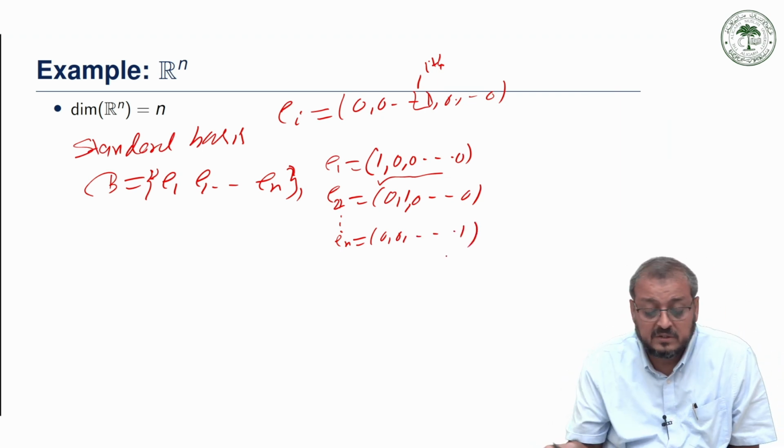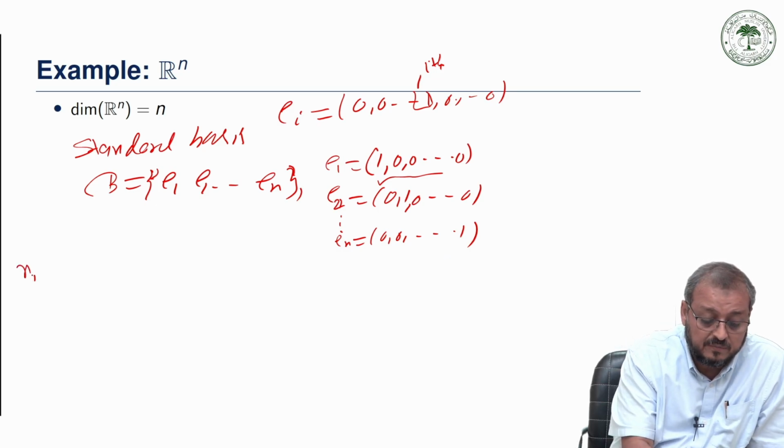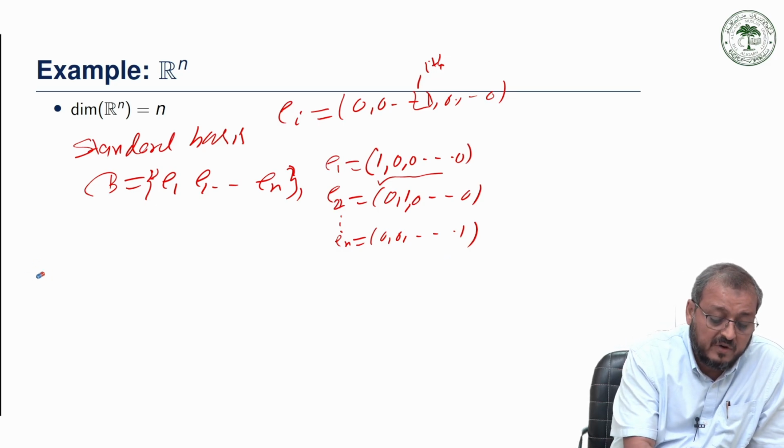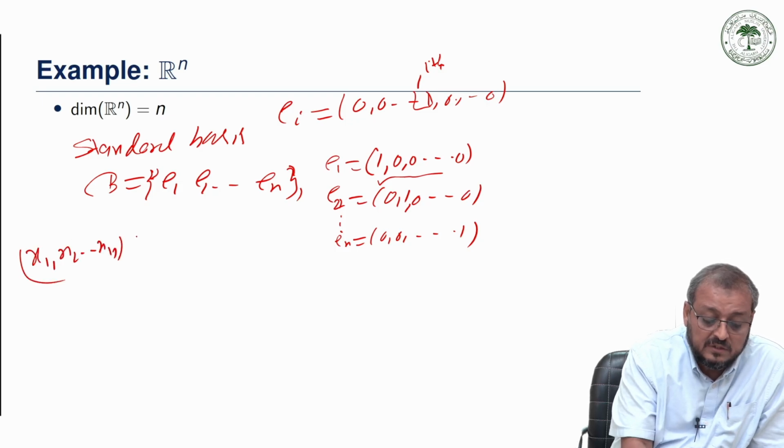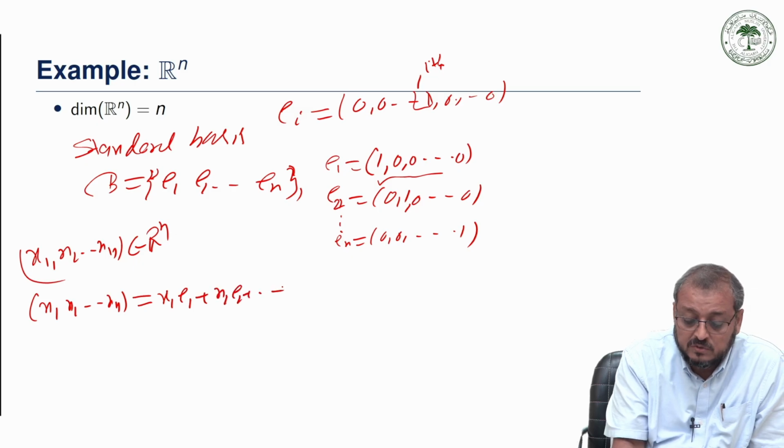Now we can write any vector (x1, x2, up to xn), an element of R to the power n, in the form x1 e1 plus x2 e2 and so on up to xn en.